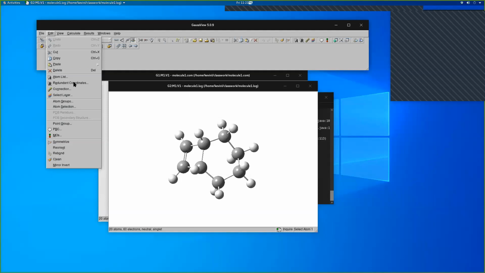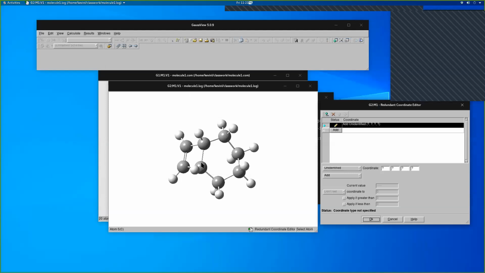And so what I'm going to do is take that bond and break it. I'm going to scan that bond, taking 10 steps of 0.1 angstrom, so it gets longer and longer, 0.1 angstroms apart every time, and see if I can break that bond.